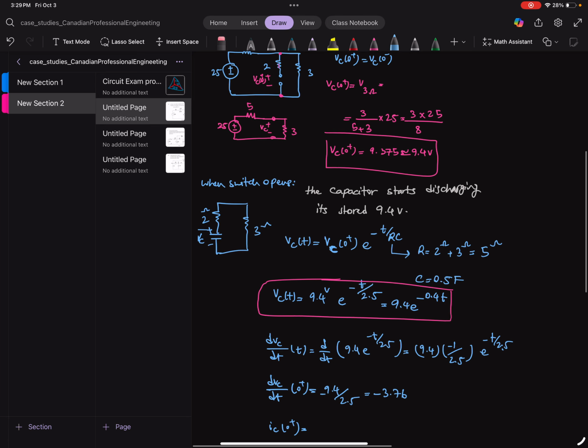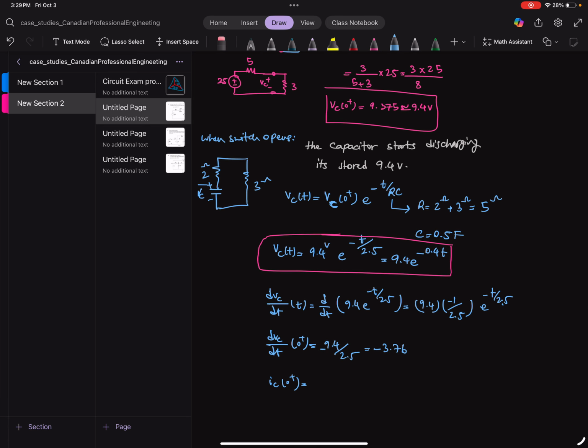IC is actually C dVc/dt, so we just need to multiply what we got before, another question we solved, multiplied by minus 3.76.